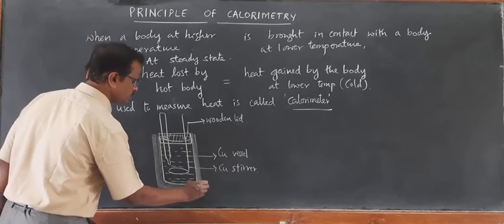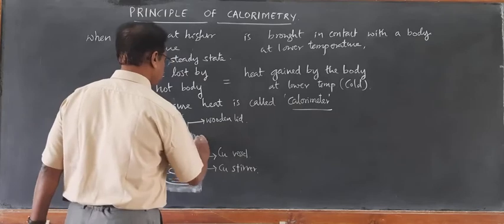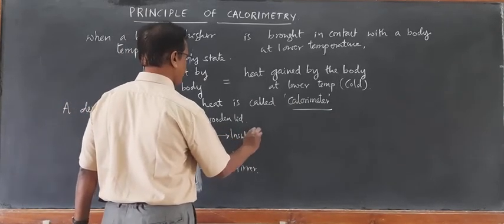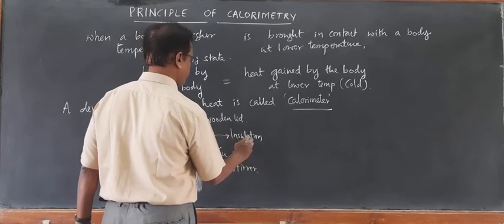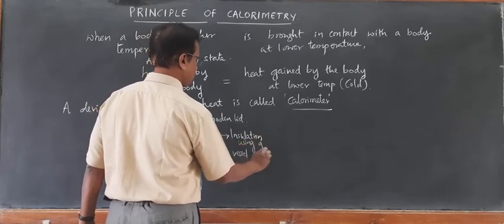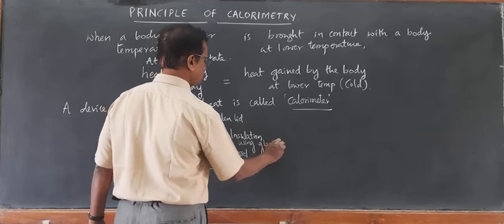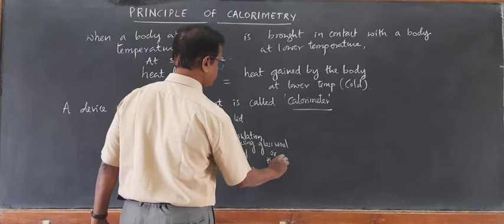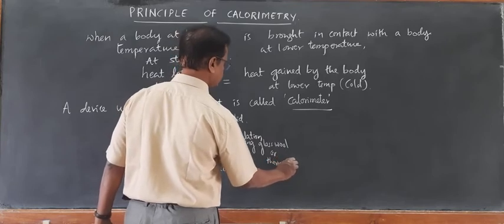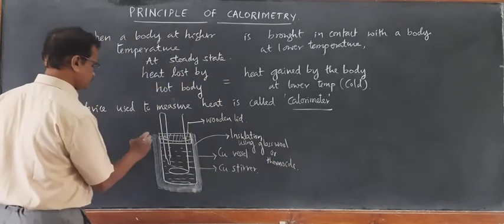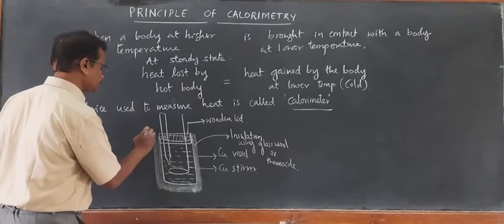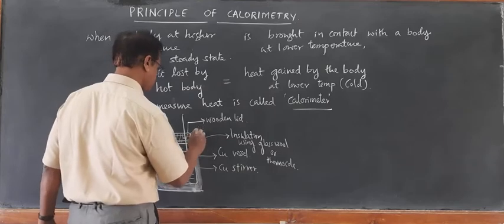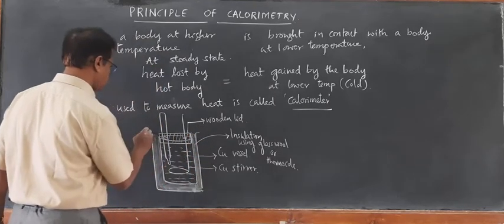So this is insulation using glass wool or thermocol. And this entire system is again kept in a wooden jacket, a wooden box.